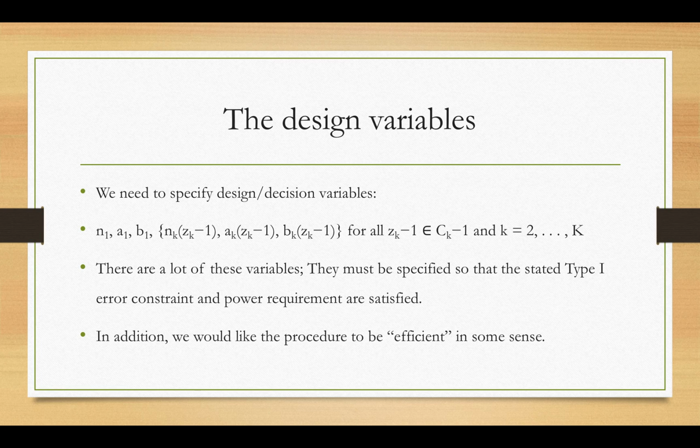There are a lot of these variables. They must be specified so that the stated type 1 error constraint and power requirement are actually satisfied in this study. In addition, we would like the procedure to be efficient in some sense.